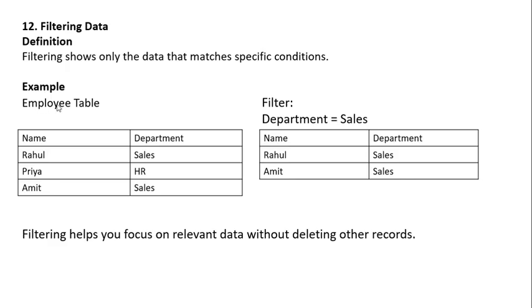For example, an employee table shows names and departments: Rahul is Sales, Priya is HR, and Amit is Sales. With the filter department equals Sales, the data shows Rahul in the Sales department and Amit in the Sales department. Filtering helps you focus on relevant data without deleting other records.